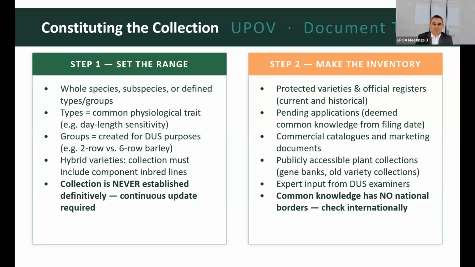It's also important to note that common knowledge is not restricted to national borders. The inventory should be made worldwide, as common knowledge is a matter of global common knowledge that goes beyond any national border.